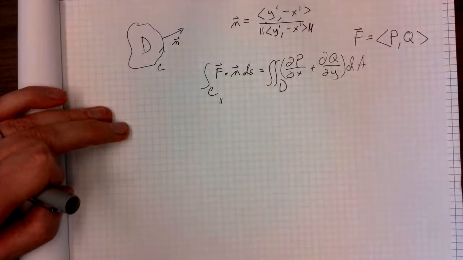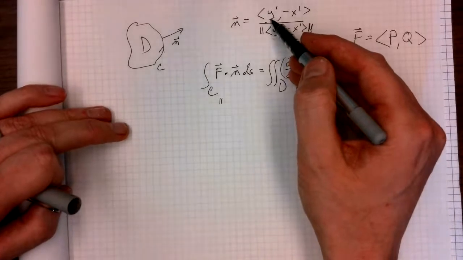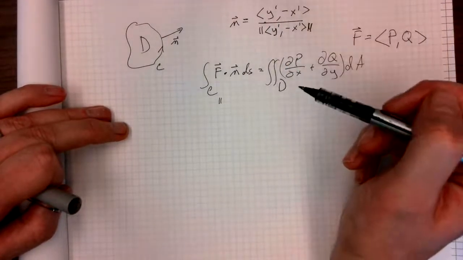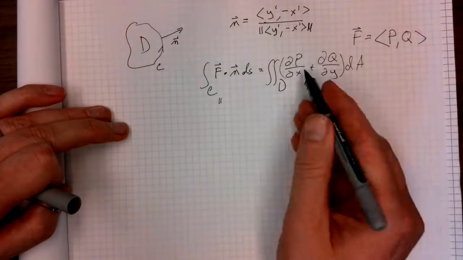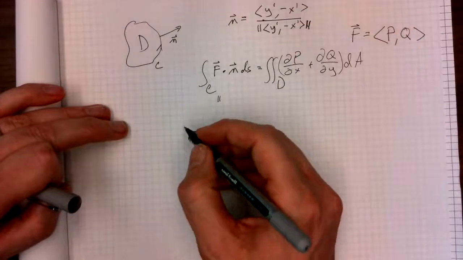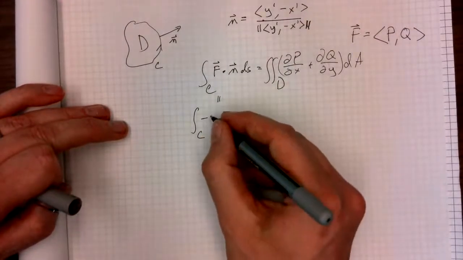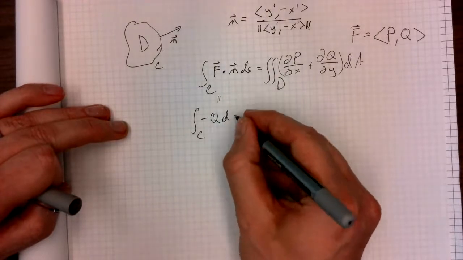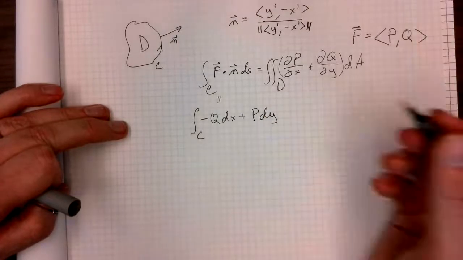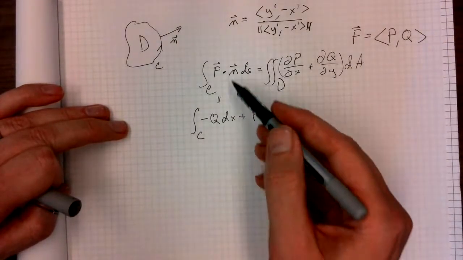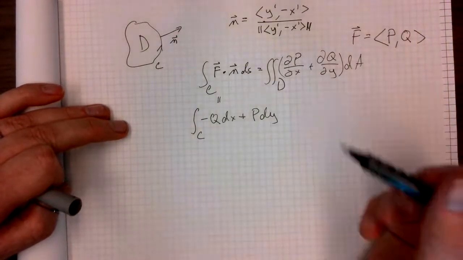If you rewrite this, and if you notice that this just swaps the dx and the dy and introduces a negative sign, and it precisely introduces the negative sign on the dx. So if you rewrite that, you would notice that this integral is this integral, and from here to here, this is just the regular Green's theorem.